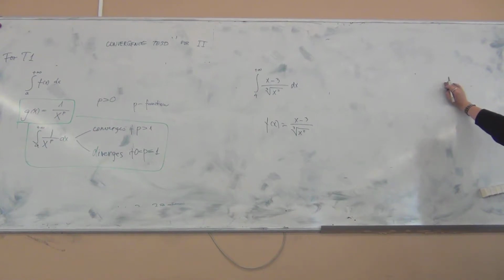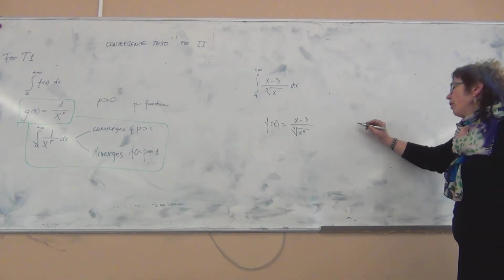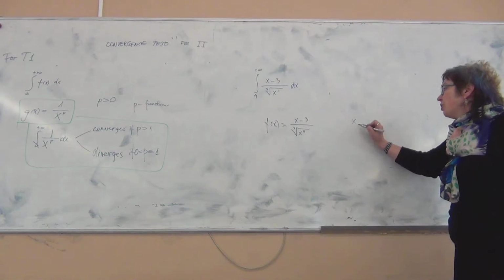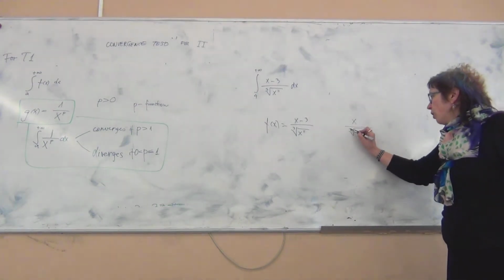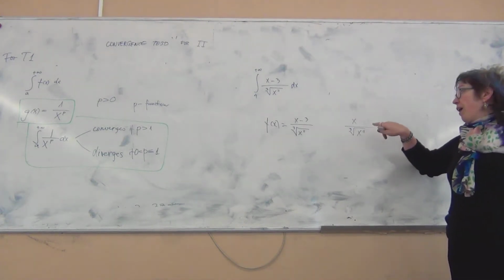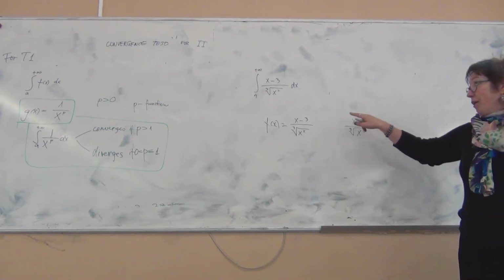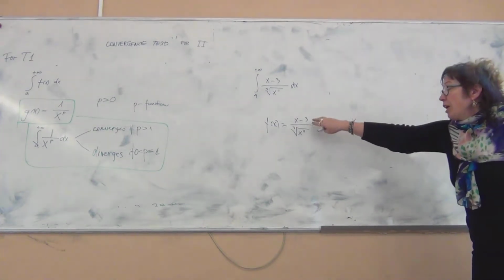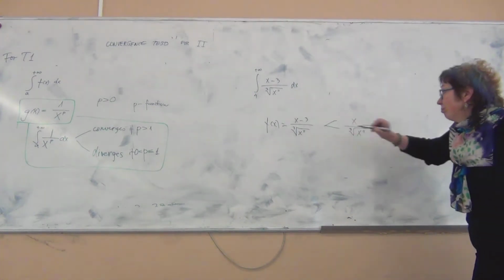So what I can do is try to modify this function. So the g function could be, for instance, cube root of x to the 11th, skipping the minus 3. What happens if I forget the minus 3? It will be greater. This is greater because this is less. If I don't subtract 3, this is greater.